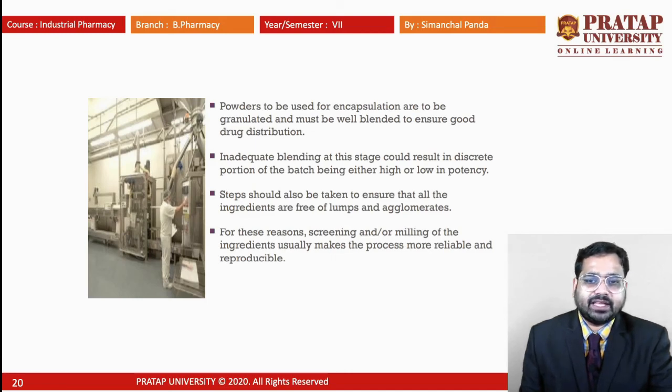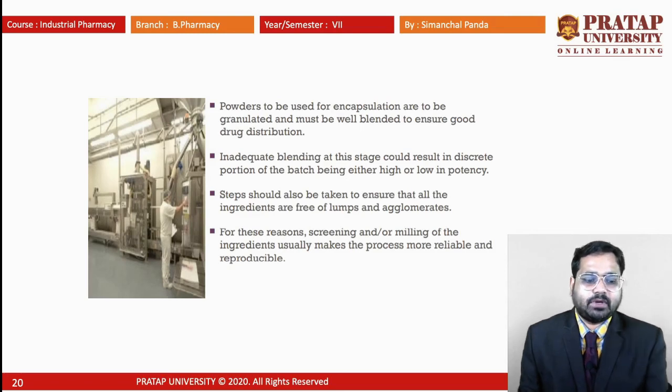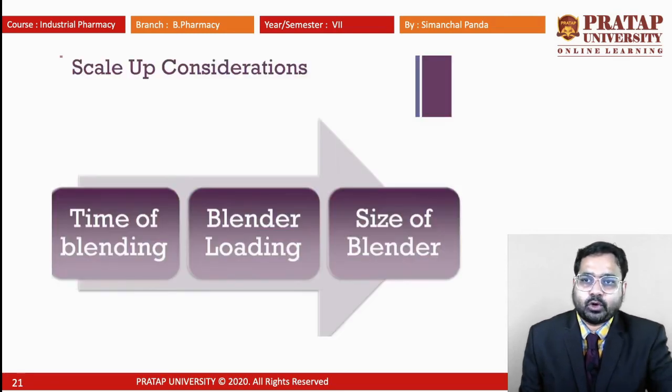We know that some hygroscopic materials can absorb moisture during blending and make small lumps, and this will lead to non-uniform mixing of the ingredients. So we have to check that they are free from lumps and agglomeration. For that reason, screening and milling of ingredients usually make the process more reliable and reproducible.